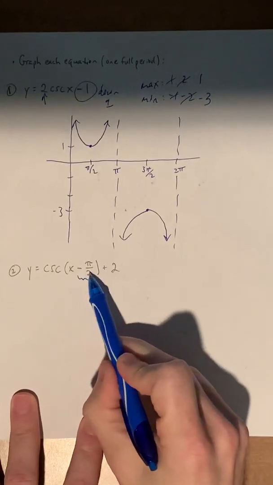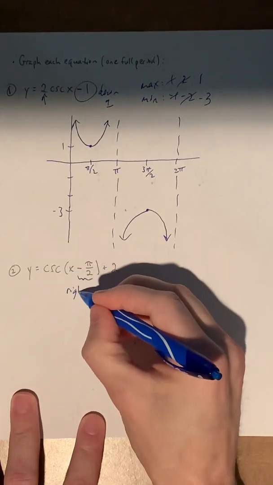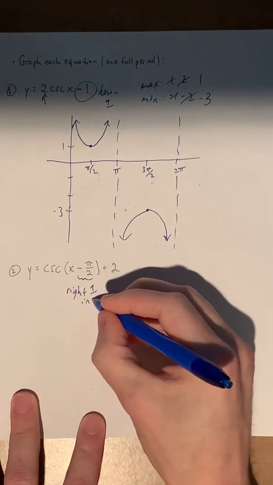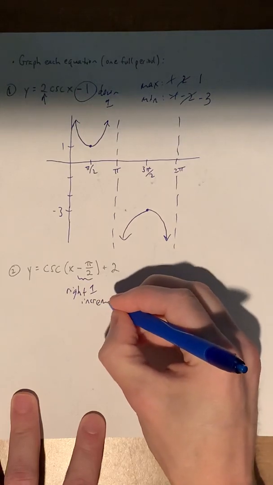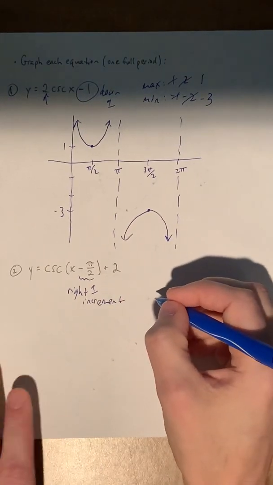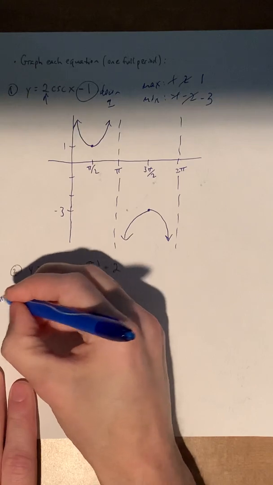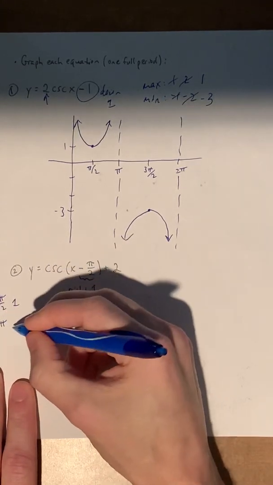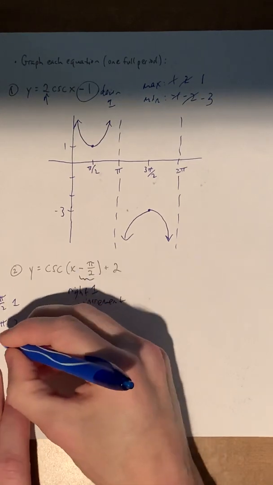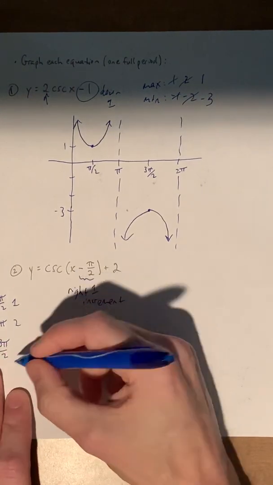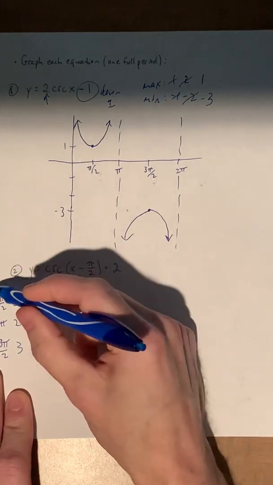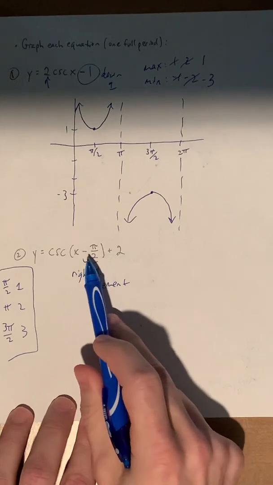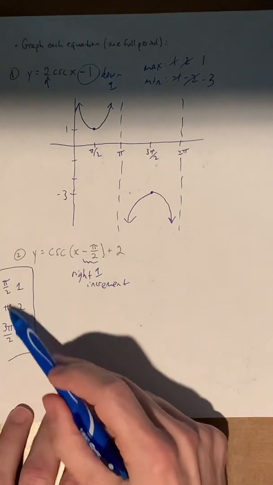So you're really moving to the right here 1 increment. And remember, pi over 2 is 1 increment worth. Add or subtract pi is 2 increments worth. And if you add or subtract 3 pi over 2, that is 3 increments worth.